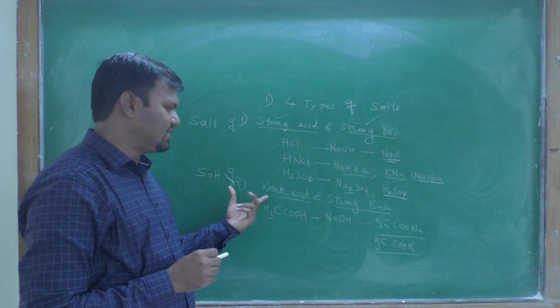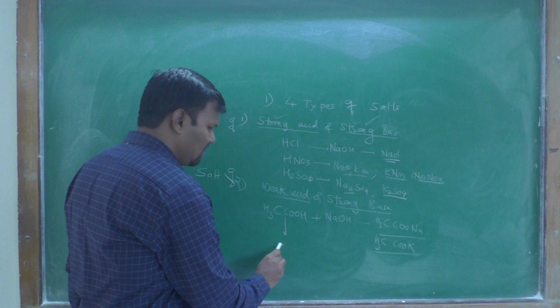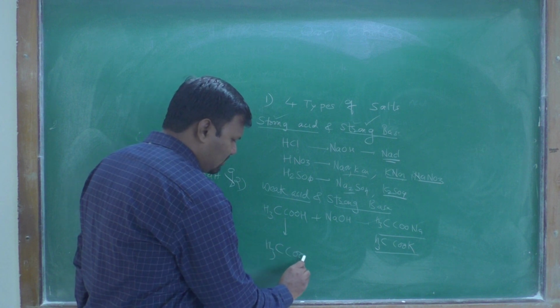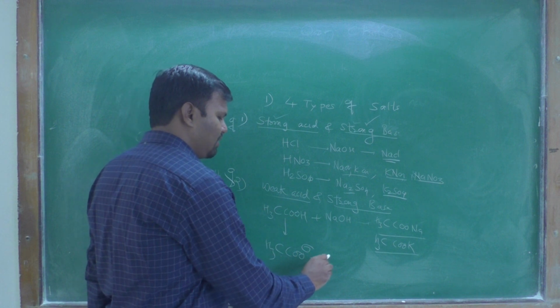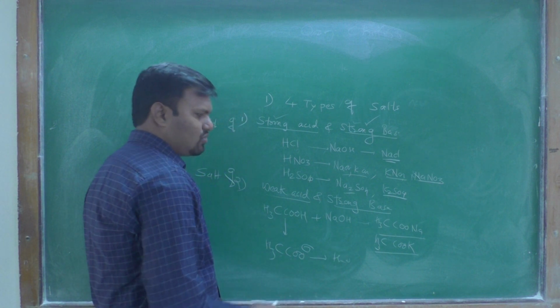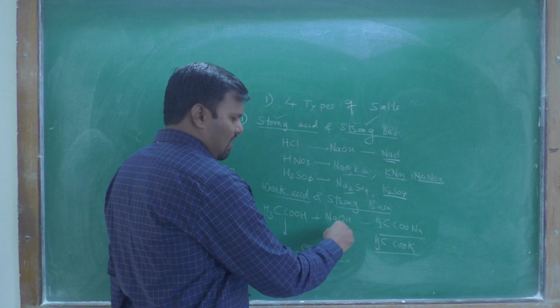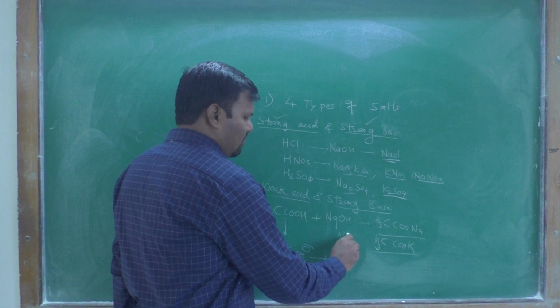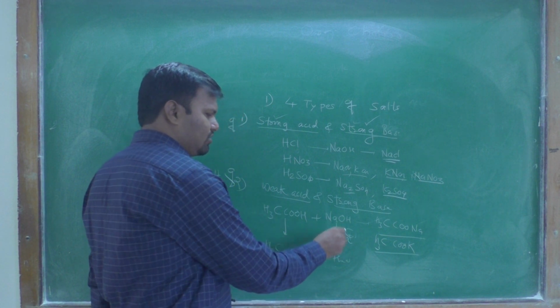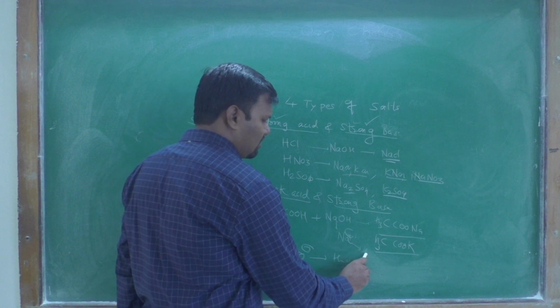Remember that weak acids give a strong conjugate base, and this will break the H2O. But a strong acid gives a weak conjugate base, therefore it does not break the H2O.